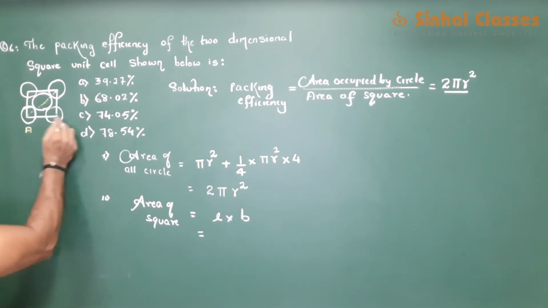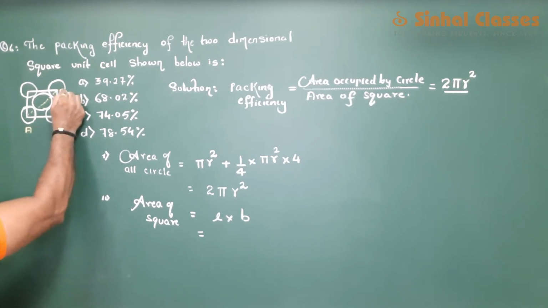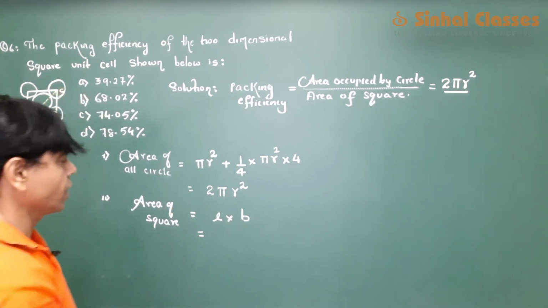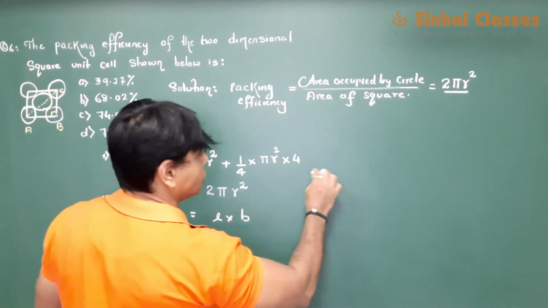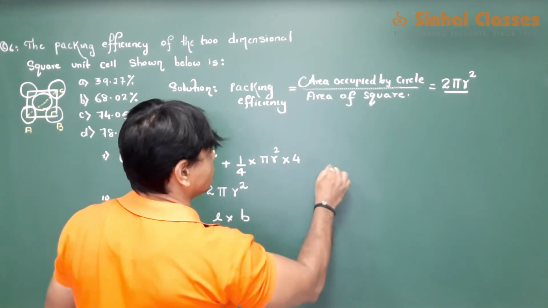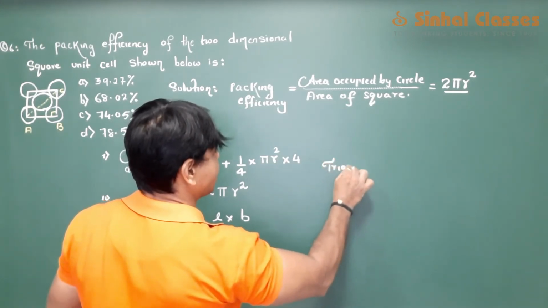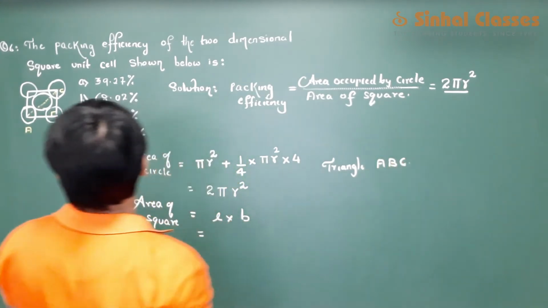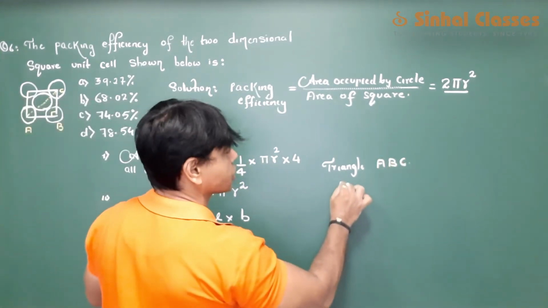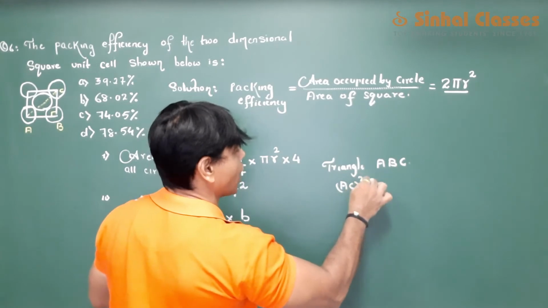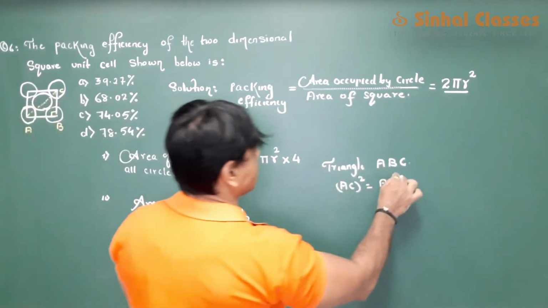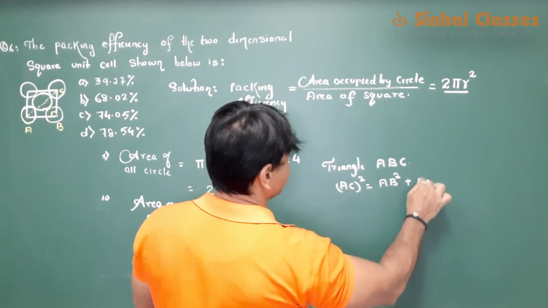Take this right angle triangle ABC. Applying Pythagoras, AC square will be equal to AB square plus BC square.